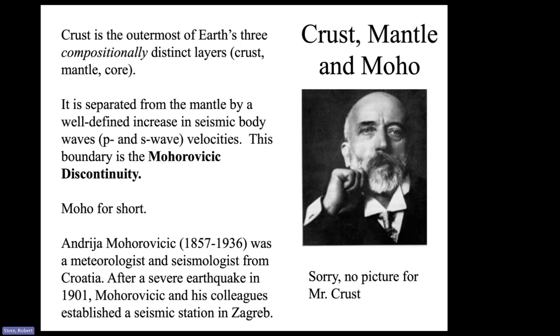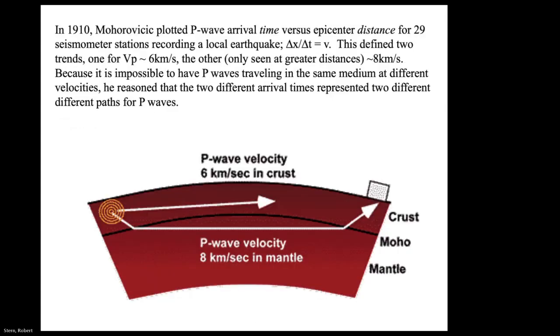That is a picture of Andrej Mohorovičić, who was a meteorologist and seismologist from Croatia. After a severe earthquake in 1901, he and his colleagues established a seismic station in Zagreb. In 1910, Mohorovičić plotted P wave arrival time versus the distance from the event epicenter for 29 seismometer stations recording a local earthquake.